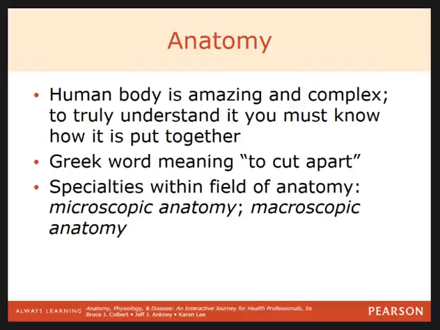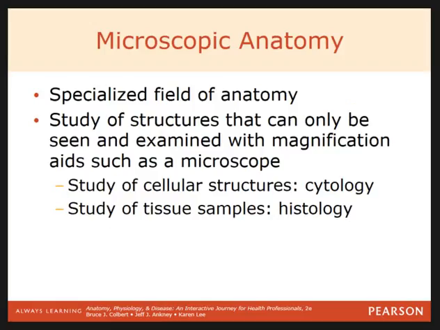Specialties in the field of anatomy, we either have microscopic anatomy or macroscopic anatomy. So microscopic, think microscope. So that means very, very small. Can't be seen with the naked eye. We need magnification, like a microscope. So that would include things like cytology, which is the study of cells, or histology, which is the study of tissue samples.